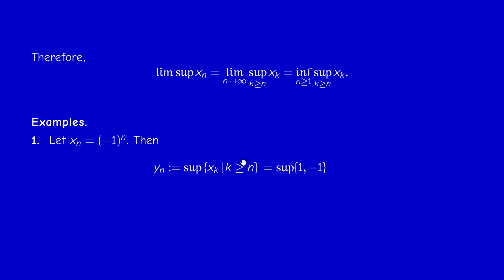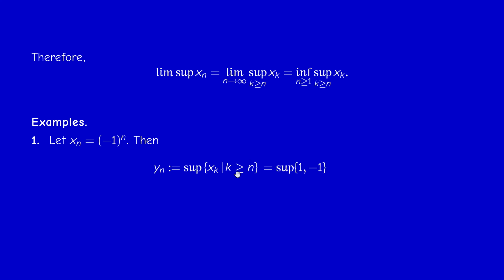Remember, this is what we call the range of the sequence, but here we start from n, but it doesn't matter. So the supremum of the set containing 1 and minus 1 is of course 1. Therefore yn is constant, so it's decreasing in the large sense, not strictly decreasing. Therefore yn converges to 1, and the limsup of xn is 1.